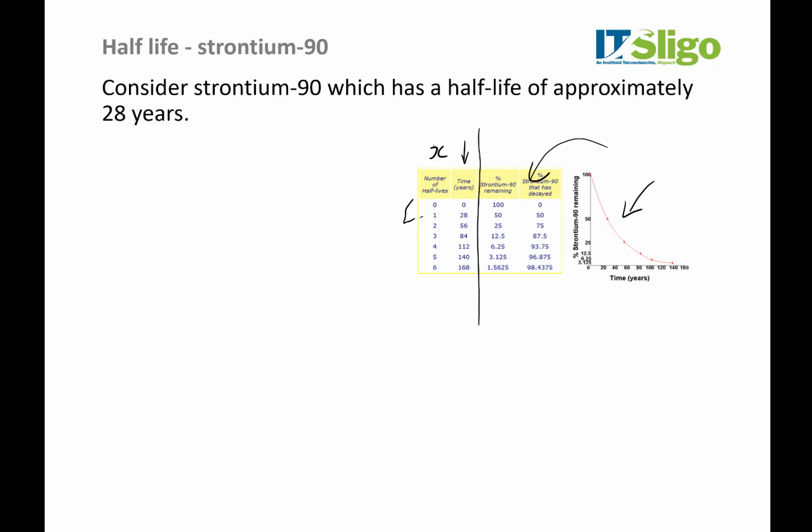And this is the percentage remaining, so this then is the y-axis. And this is how much is left. Even though the table looks a bit convoluted, there's my x-axis, there's my y-axis. That's given me a little bit more information about the y-axis, and that's given me a little bit more information about the x-axis.